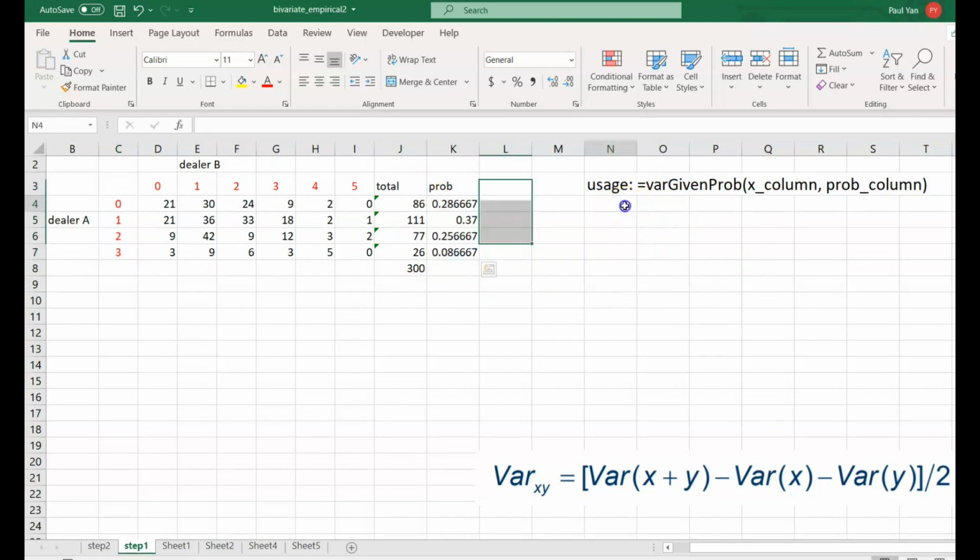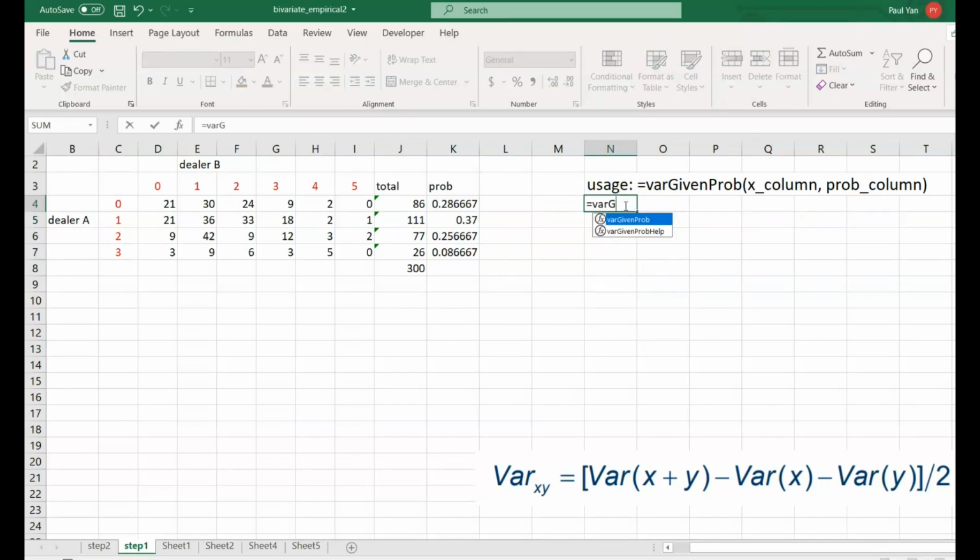Then we can simply use equals VAR.GIVEN.PROB. The first is how many cars, and comma, and then this is probability.